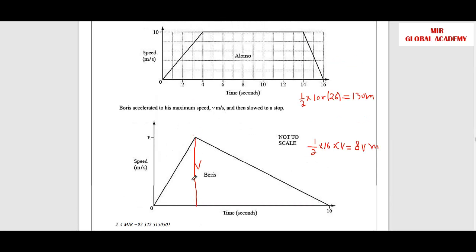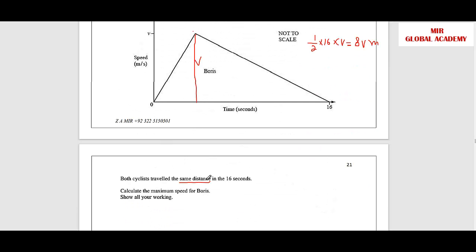And the area of a triangle is half base into height. Base is 16 and this is the height, which is V, not given in the question. So the area of this triangle is 8V meter. Therefore, the distance covered by Boris is 8V. And according to the question, both travel the same distance in 16 seconds.